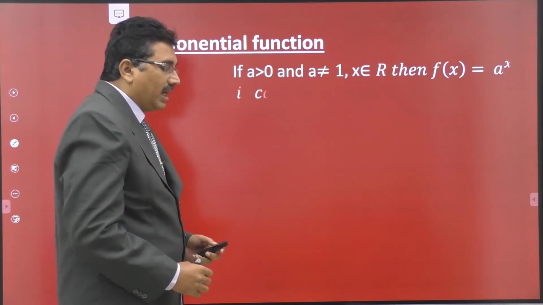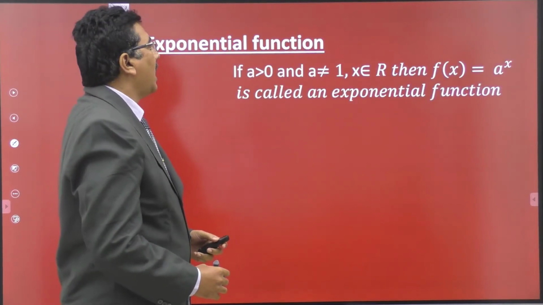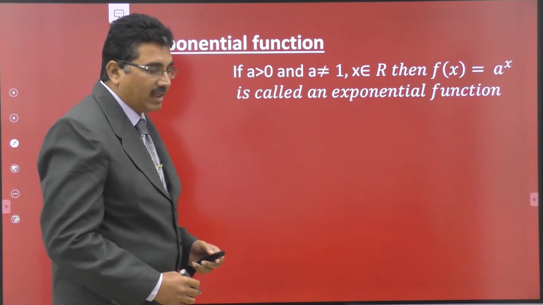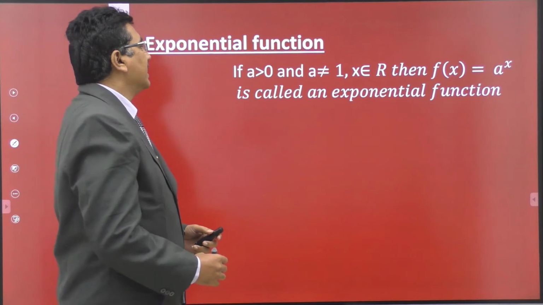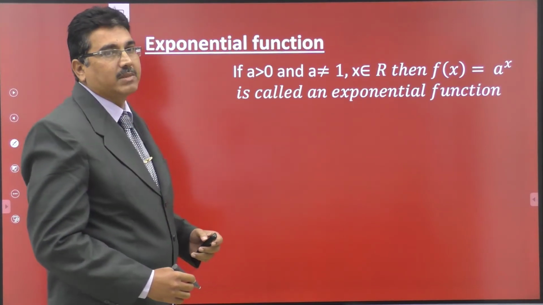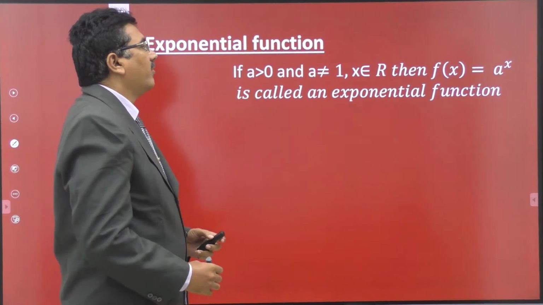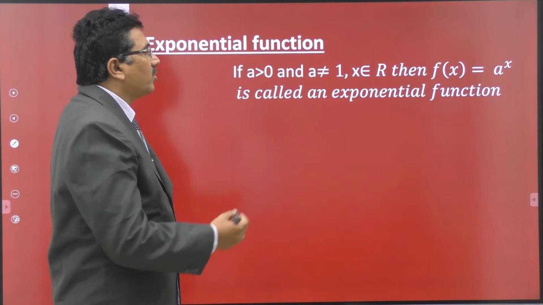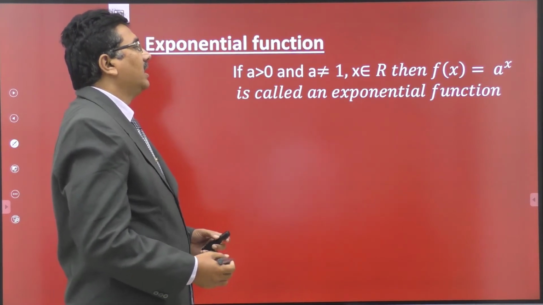If a is greater than 0 and a is not equal to 1, then f of x is equal to a power x is called an exponential function. Generally some students are not familiar.